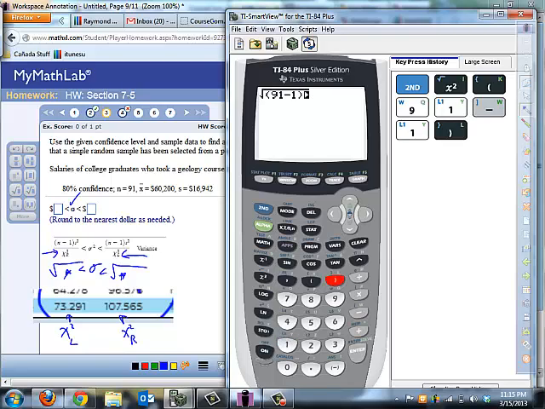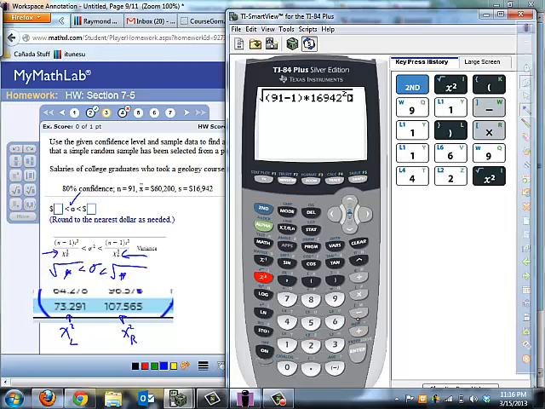And then multiplying times the standard deviation, that's 16,942. And then we square it. And then from here we divide by chi-square R. So remember, it's chi-square R. That's 107.565.